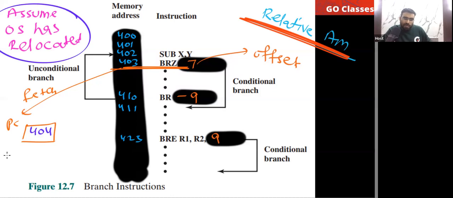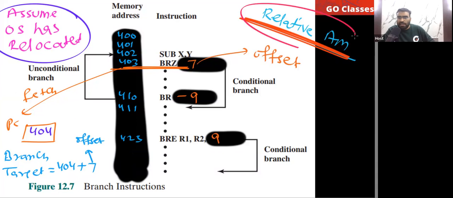So tell me, what will be the branch target? The branch target will be 404 plus this offset 7, because you are using relative addressing mode. So that is 411. Is this correct? Should we jump to 411? Yes. And are we jumping to 411?